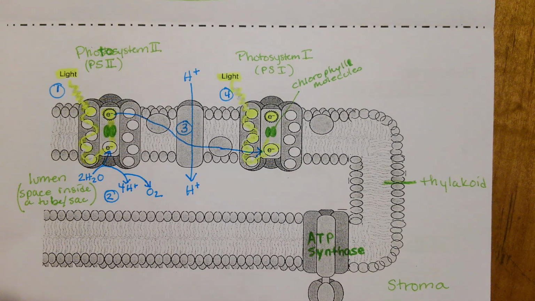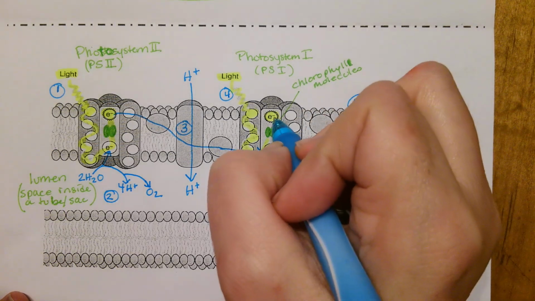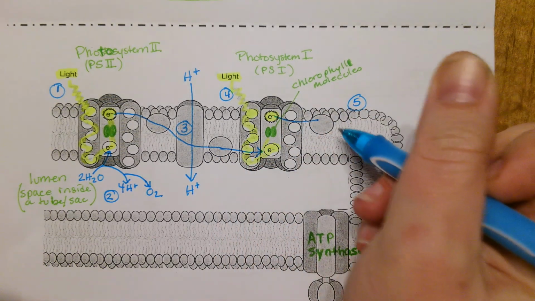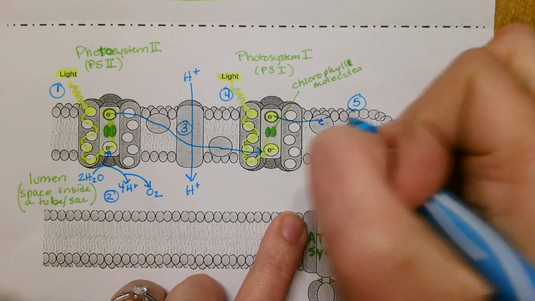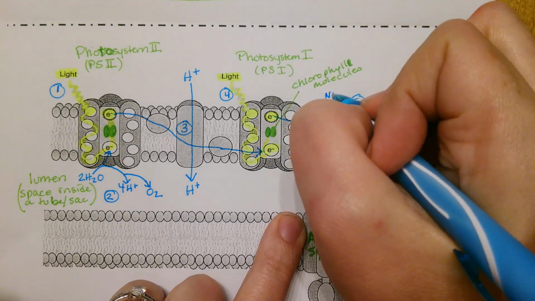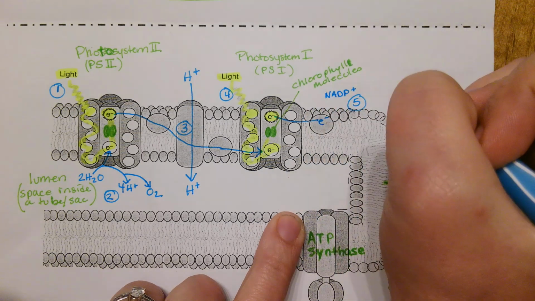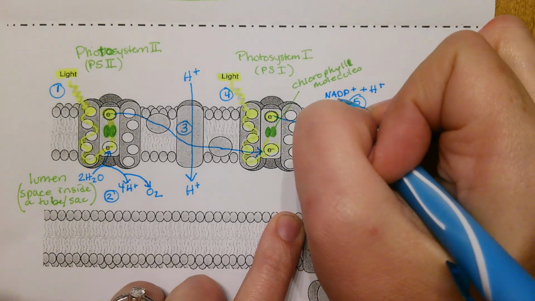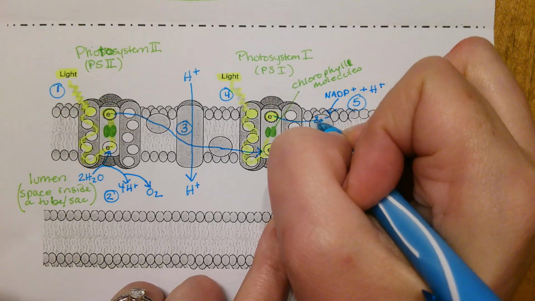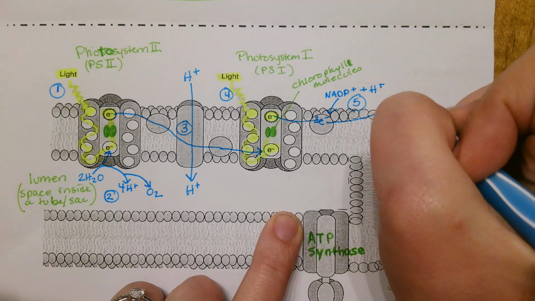All right, so now step 5. Step 5 is going to be kind of over here. These electrons are going to get passed to this guy here, and he is going to take NADP plus H plus, and these 2 electrons, because there's 2 of them, and he is going to form them into NADPH.